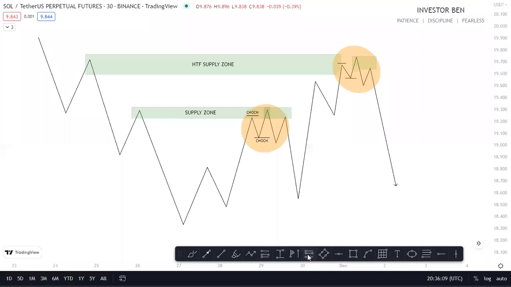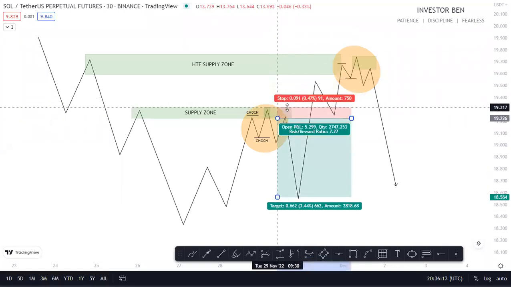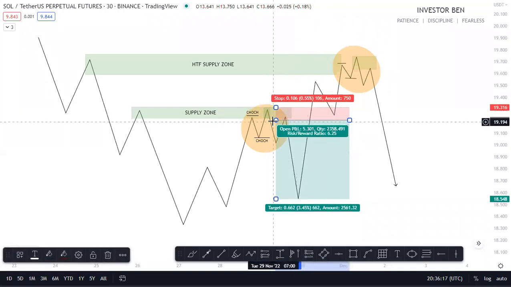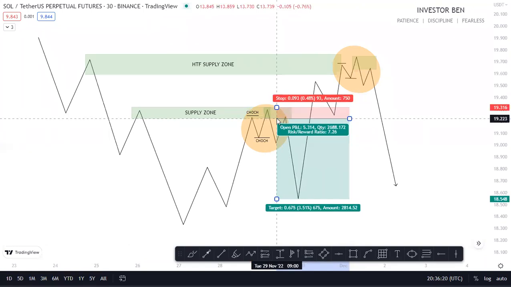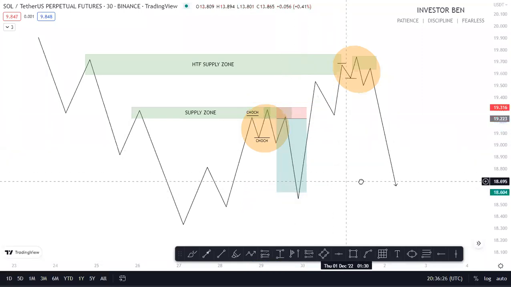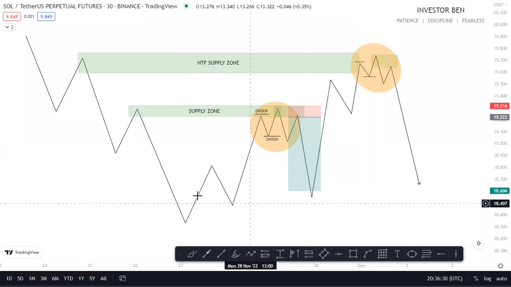Now, this is you trading retracements, because placing this trade at this point, you are just trading retracement. But like I said, in an uptrend there are opportunities to sell the market, and in a downtrend you also see minor opportunities to buy the market too.